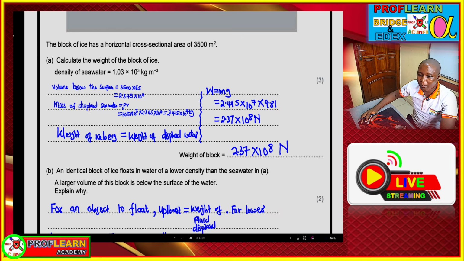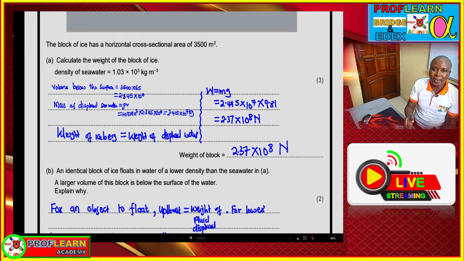displaced. So mass of liquid displaced will be equal to density times volume. Yeah, because the volume of the object in a liquid is going to displace the same volume of the liquid.